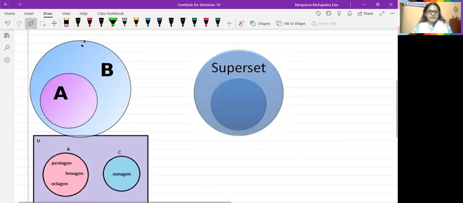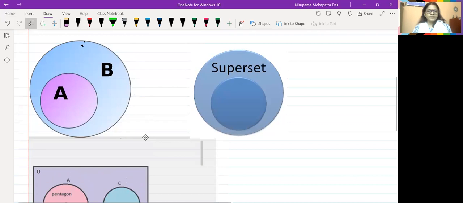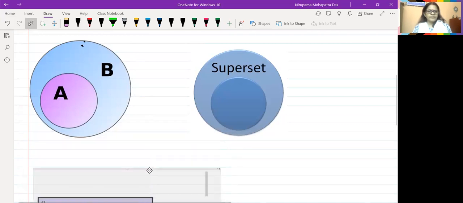Here I've taken a pictorial representation of two sets A and B in this figure.